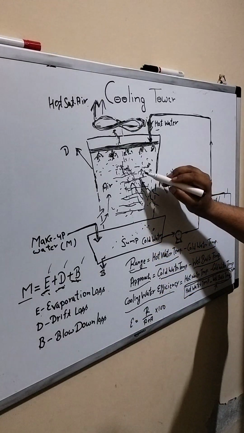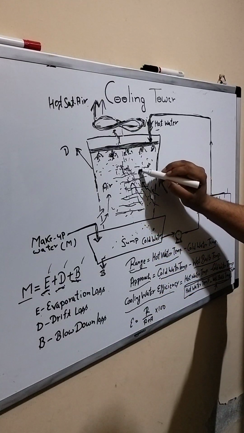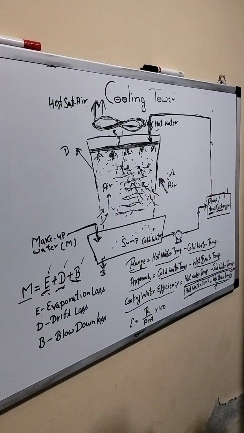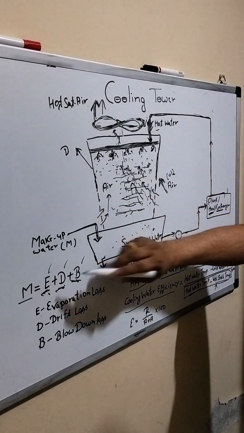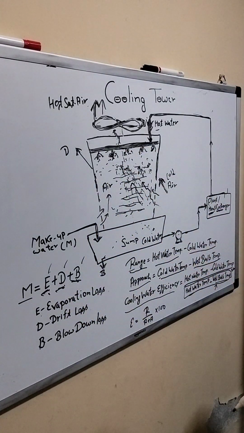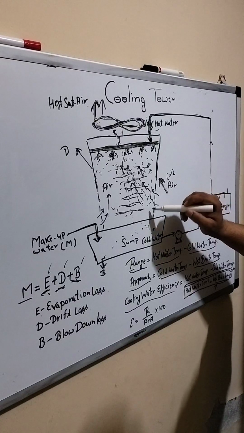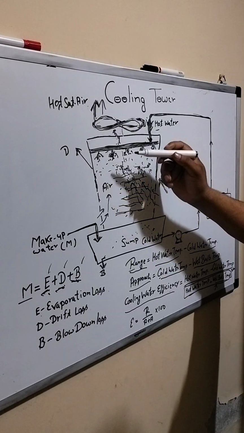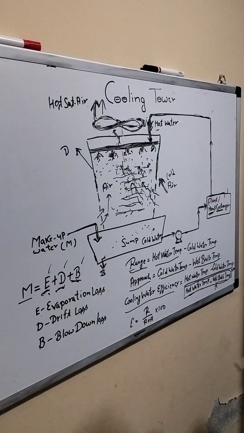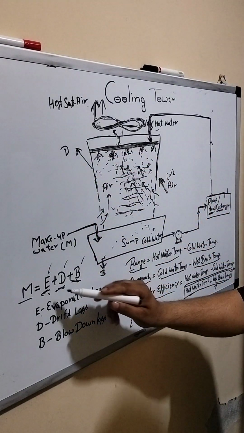The first loss is evaporation loss. Your water is getting evaporated here. Also there is a drift loss. What is drift loss? When the air moves, some droplets of water also come out into the atmosphere. So there is a loss of drift.